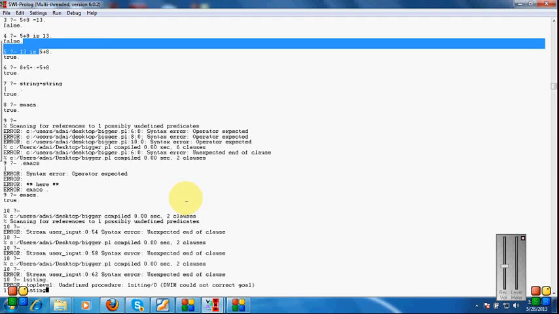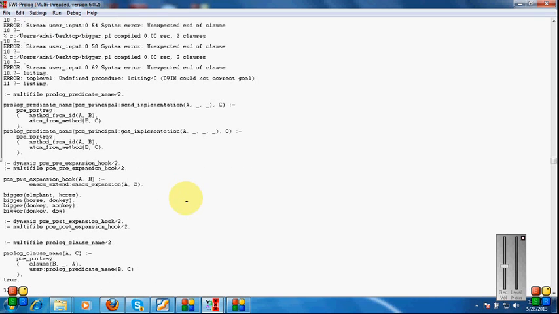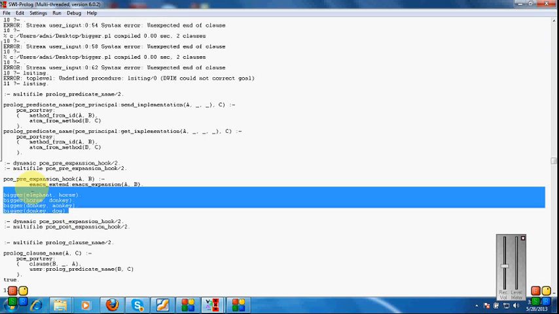So I will call listing. Okay, this is telling me that it already knows four things: bigger elephant than horse, bigger horse than donkey, bigger donkey than monkey, and bigger donkey than dog. There is nothing new. I have already told these four facts to my Prolog engine, and this becomes the knowledge base. From this knowledge base I can ask some questions.